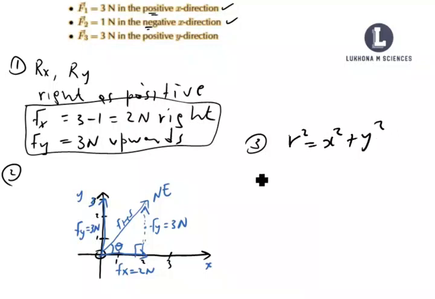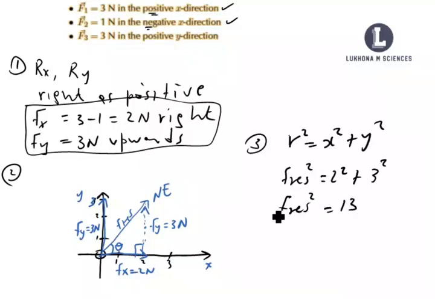So our r squared is F-res squared. Our x is 2, our y is 3. So F-res squared is equal to 2 squared, 4, plus 3 squared, 9. 4 plus 9 is 13.